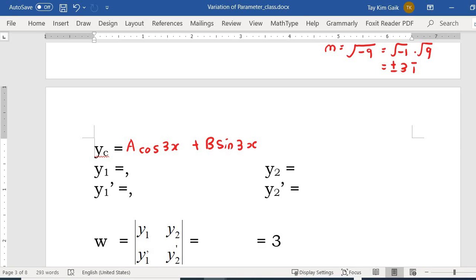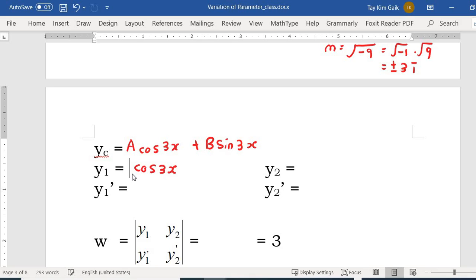So after you get yc, extract your y1. For y1, just eliminate the A. So y1 will be cos 3x.